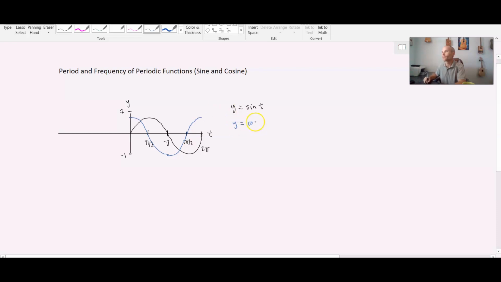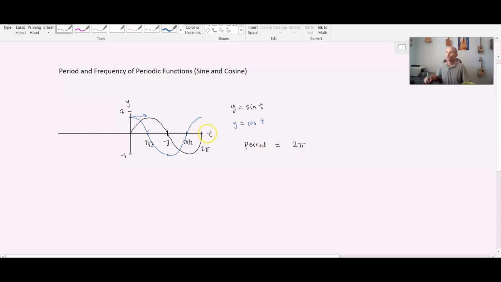So this is y equals cosine of t. Now we can see that sine and cosine are just shifted functions of one another. If we were to shift the cosine function over pi halves units, it would perfectly overlay on top of the sine function. Now in either case, though, the standard period is 2 pi units of time.